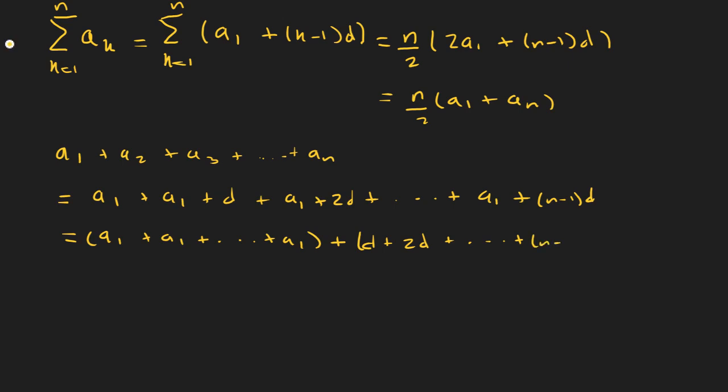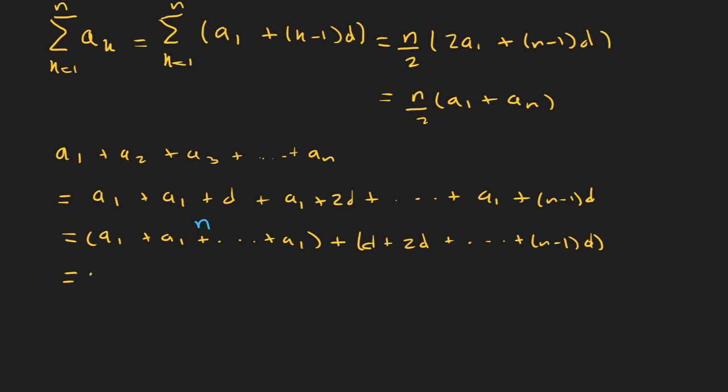So we have n minus 1 times d. Now, because this right here is n, we can rewrite it one more time, to which that would be n.